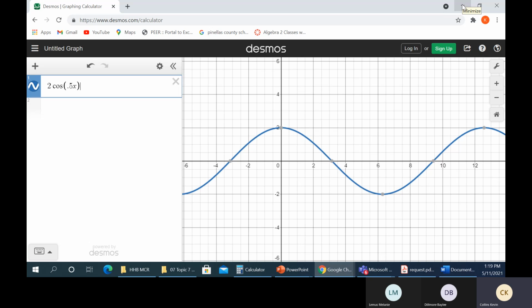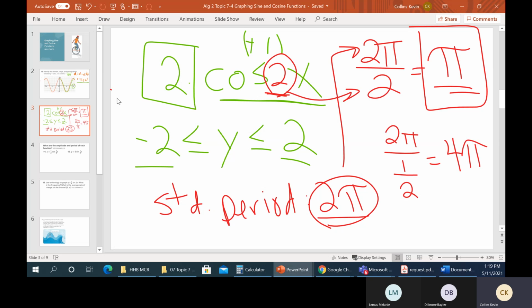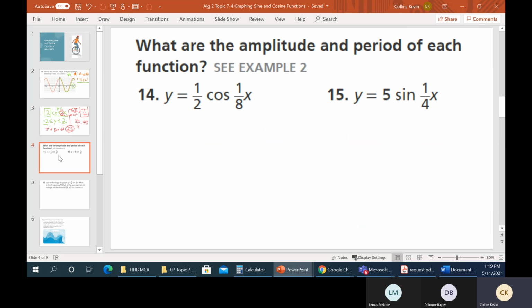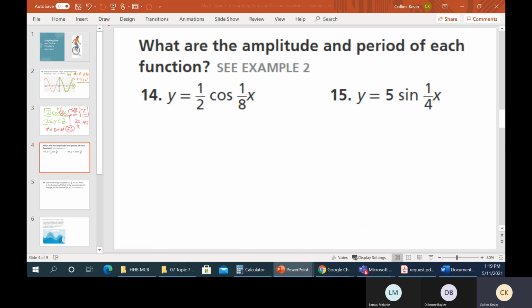All right, so let's go back to our regularly scheduled program. This says, what are the amplitude and the period of each function? So this is what we were just talking about. Amplitude is easy. Amplitude is the number in front of either the sine or the cosine function. So what's the amplitude on our first one, number 14?